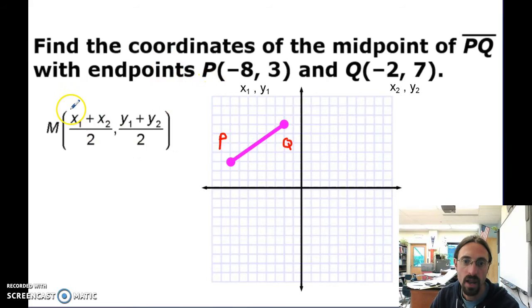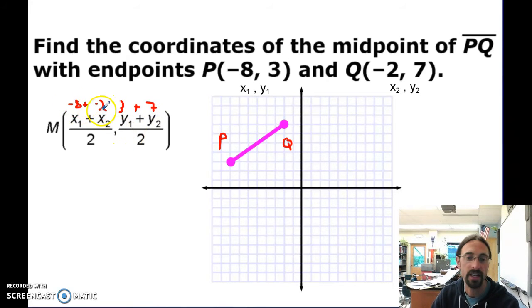So x1 is negative 8, x2 is negative 2, so negative 8 plus negative 2 divided by 2, and y1 is 3 plus 7 divided by 2.